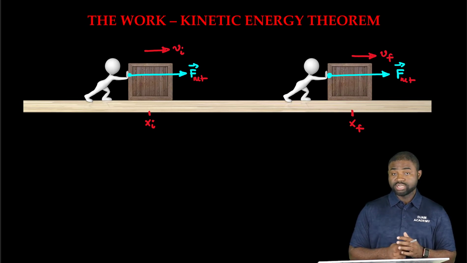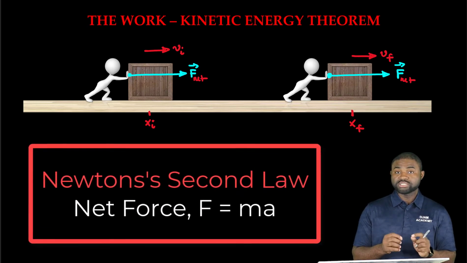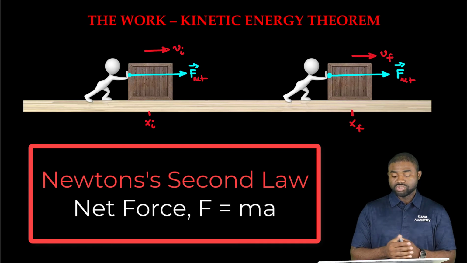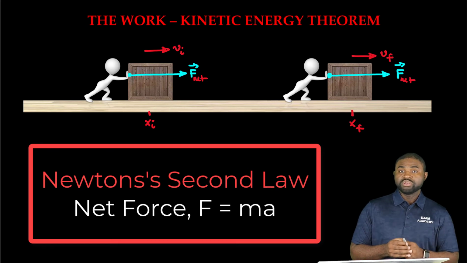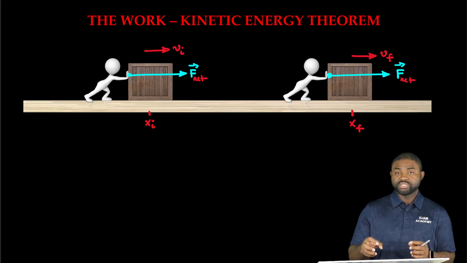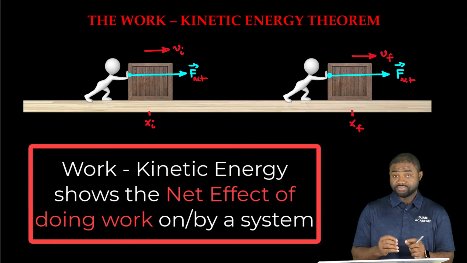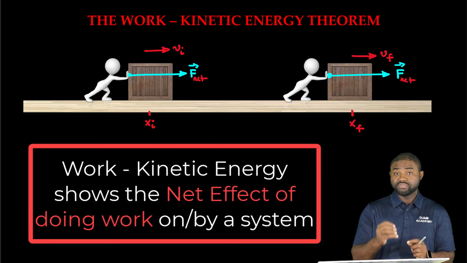Now, we also understand that Newton's second law states that the net force acting on an object is equal to the mass of that object multiplied by its acceleration. So the work kinetic energy theorem is simply a theorem that shows us the net effect of doing work on a system, in just the same manner as Newton's second law tells us about the net effect when you apply a net force.